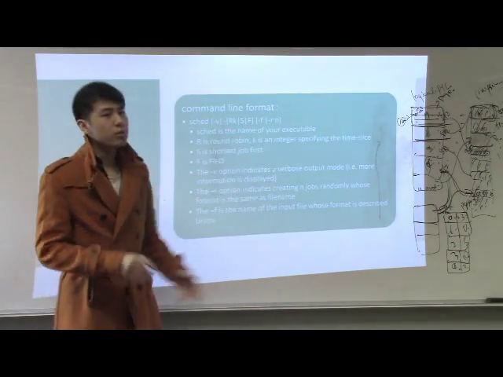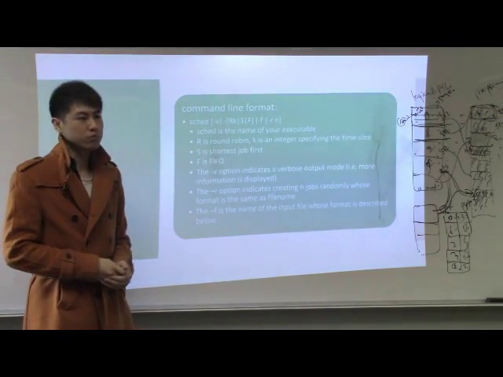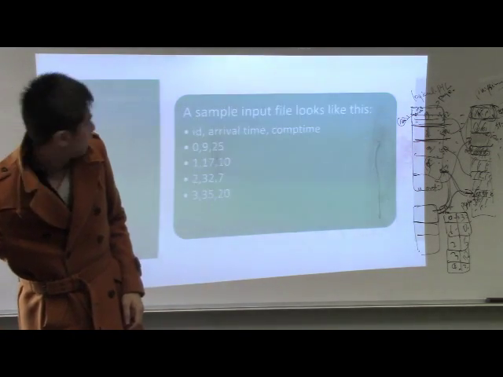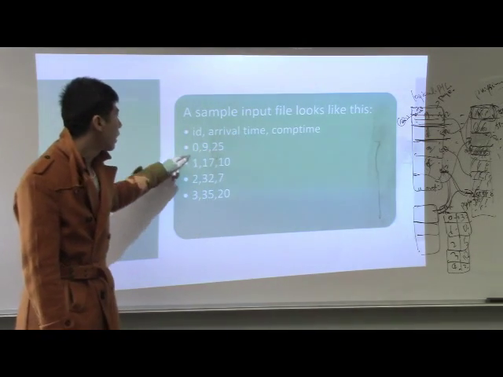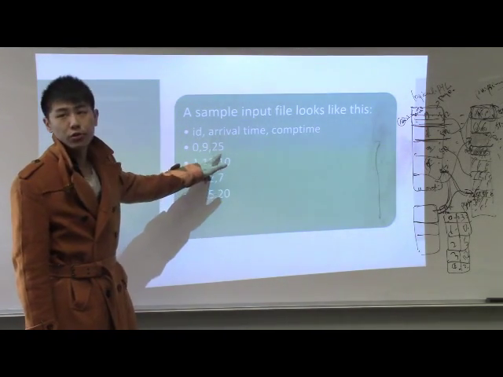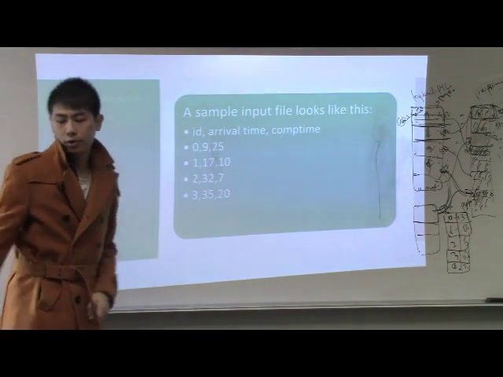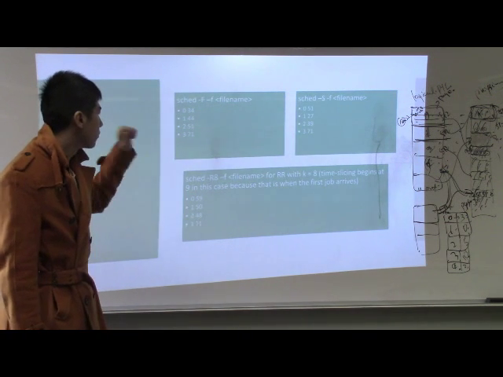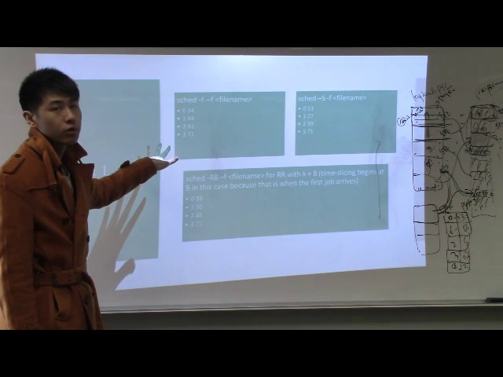And R means random. Your program will create random jobs by N. Here is a sample of the input file: ID, arrive time, and computation time. Here is a command for it. And here are some examples of the output.